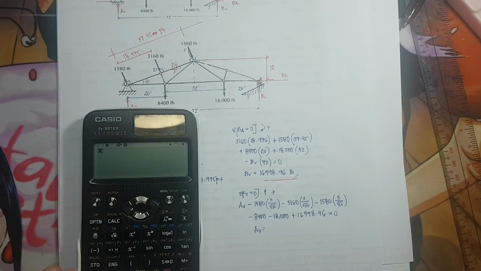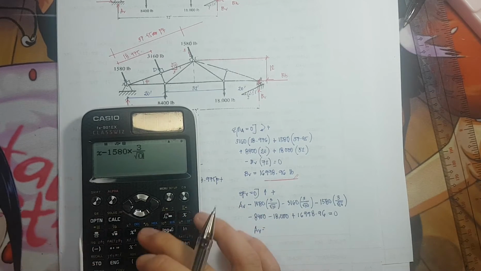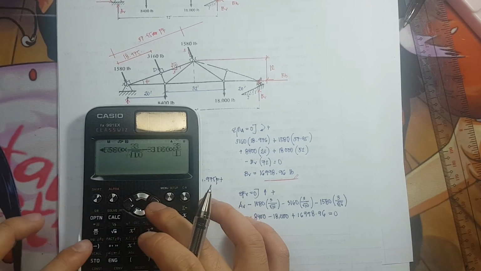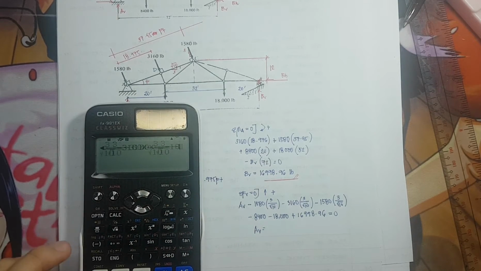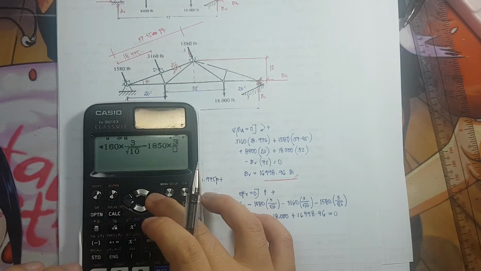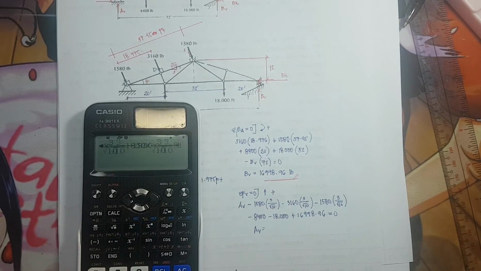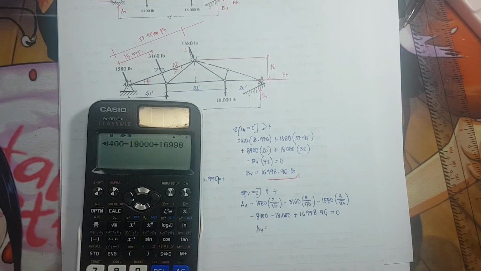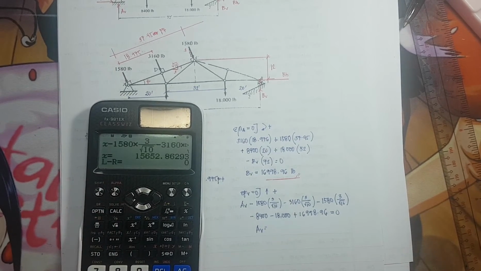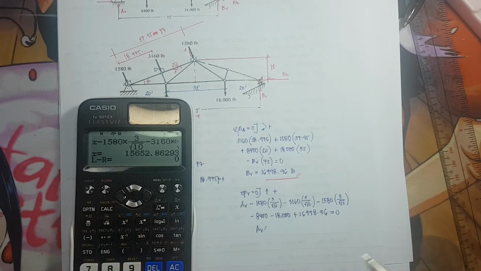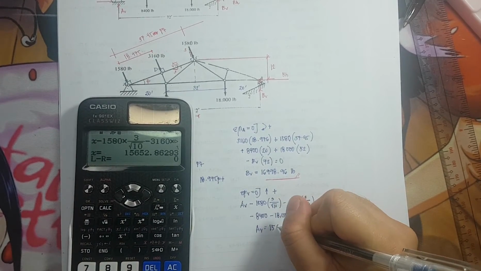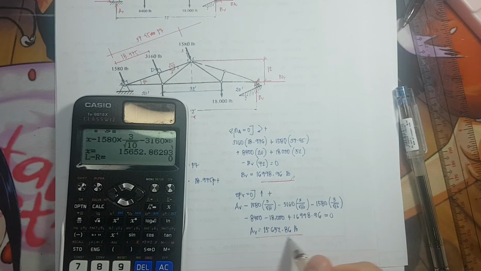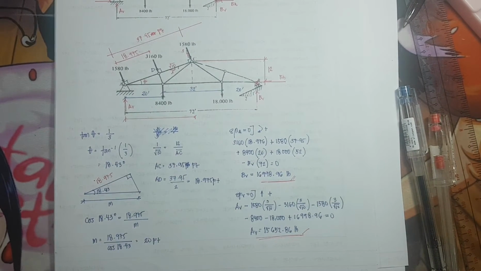A vertical is equivalent to, we have, and that is equivalent to 15,652.86 pounds, and that is A vertical.